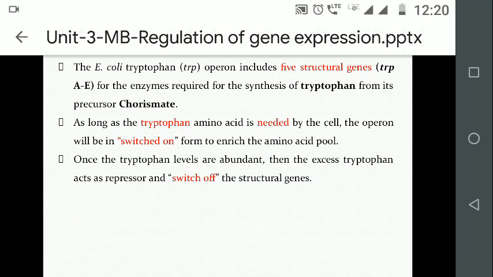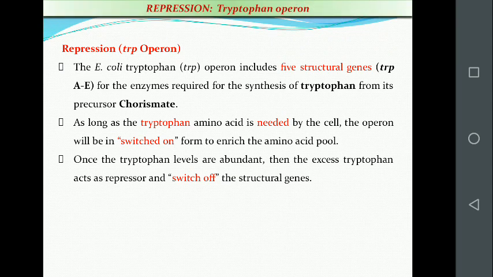Let's get back to this slide again. You can see that tryptophan is one of the 20 different amino acids essential for the synthesis of all kinds of polypeptide chains. That is why a continuous supply of tryptophan is essential for the E. coli cell.